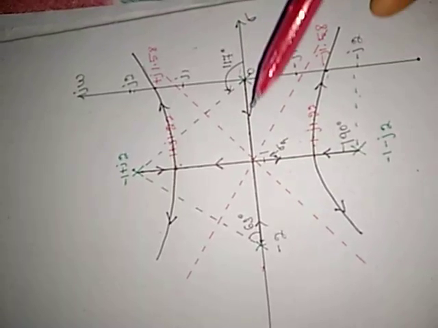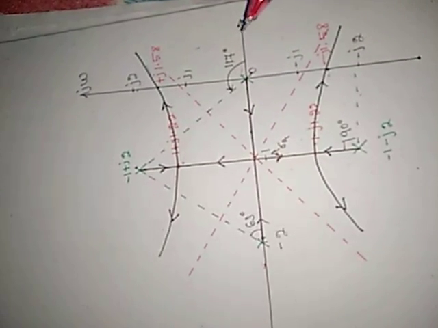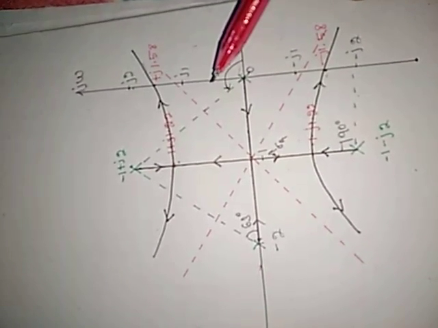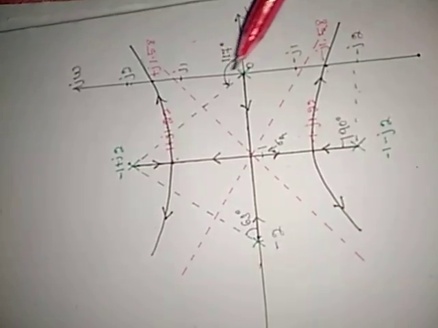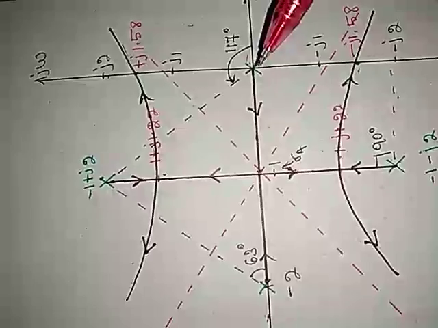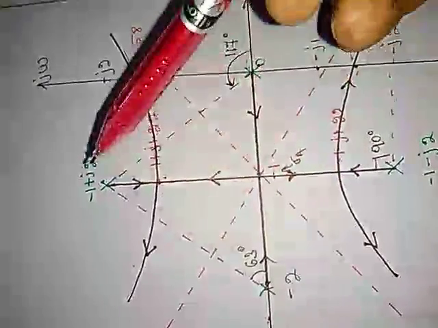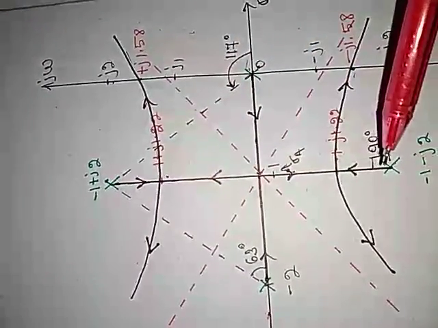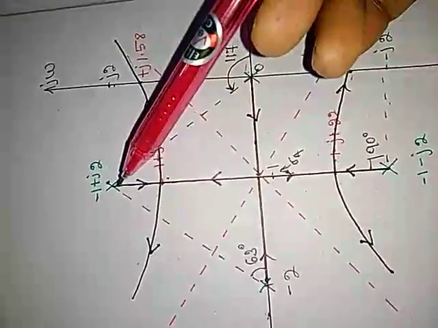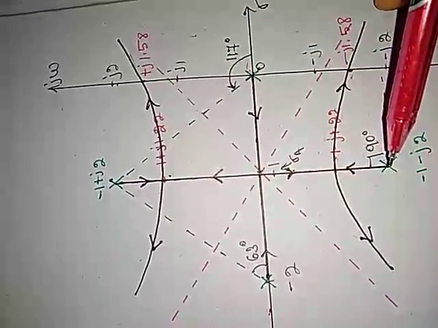So this is the location. See, the x-axis is the real axis, the y-axis is the imaginary axis. You find poles at 0, at -2, and one pair of complex conjugates, -1 plus j2, -1 minus j2.